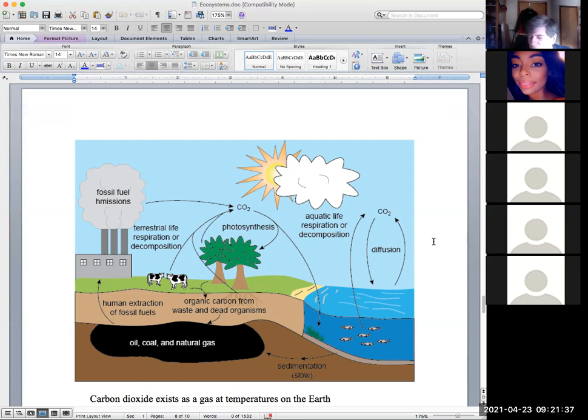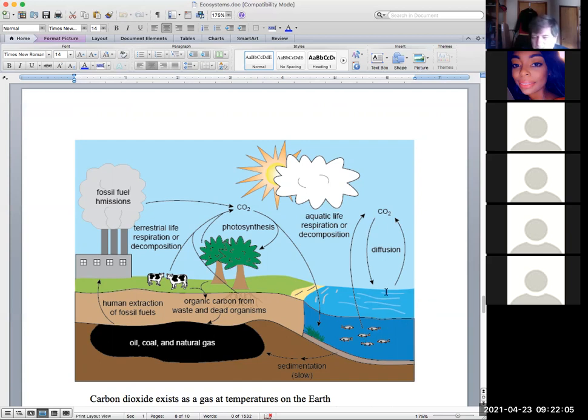The carbon dioxide that diffuses into the water, some of it is used by plants. Remember, carbon dioxide is one of the reactants for photosynthesis. Some of the carbon dioxide that diffuses out of the water is produced by fish, but remember, plants, algae, things like that also carry out aerobic cell respiration. And carbon dioxide is one of the products of that.